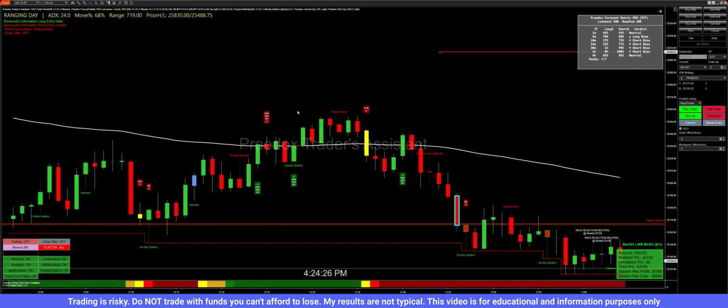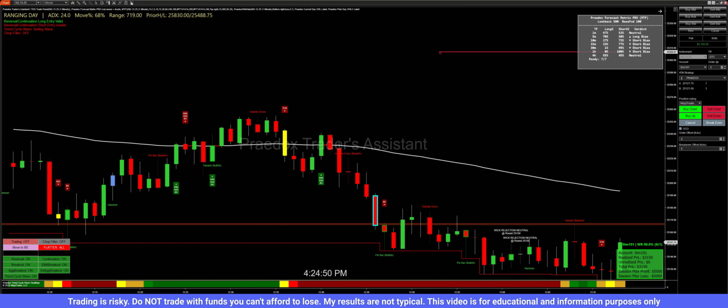Now, some of the other things that will be in version 2.0 that you won't get yet until we finish testing, are the following. You have this indicator here that lets you know if it's a ranging day, a trending day, or an inside day. Now, why is that important? Well, you normally want to trade on a trending day. Now, this is dynamic.